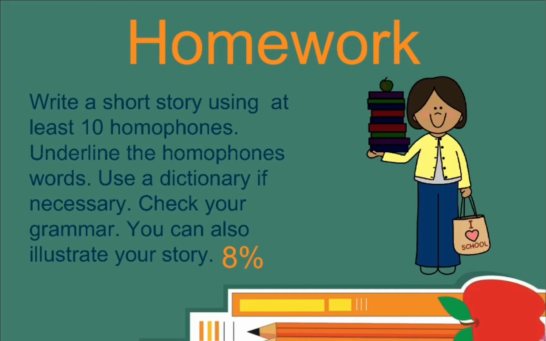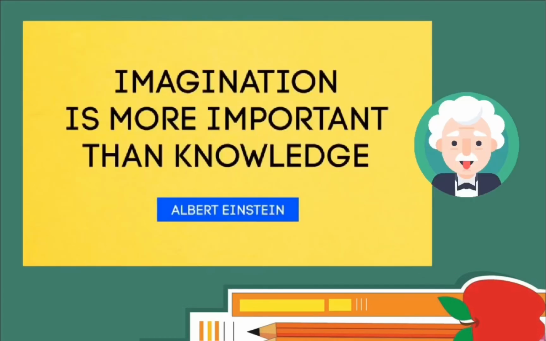Use a dictionary if you think it's necessary. Also, please check your grammar before you send it to the teacher. You can also illustrate your story if you think it's necessary. This assignment cost 8 points.